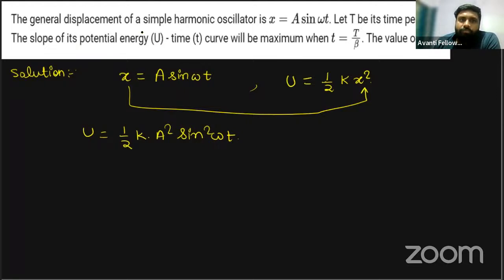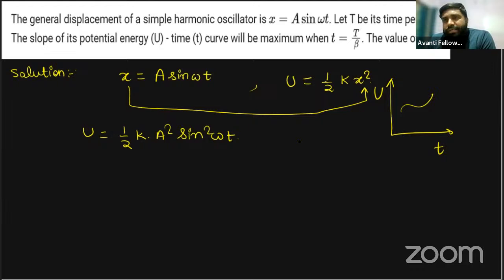Now the slope of the potential energy and time curve, which means a curve between U and t. Let's say somehow it is a curve like this. So what will be the slope of this U-t curve? The slope will be given by dU by dt. No problem in that.